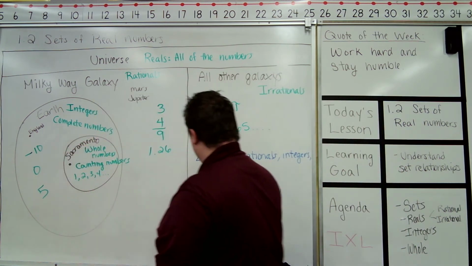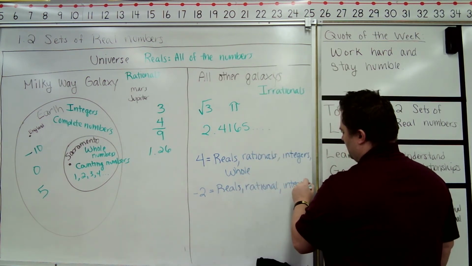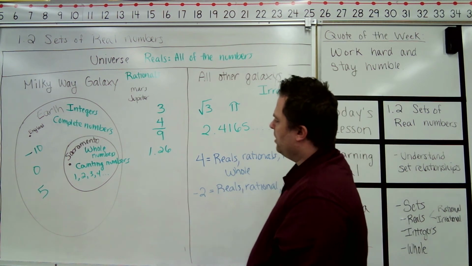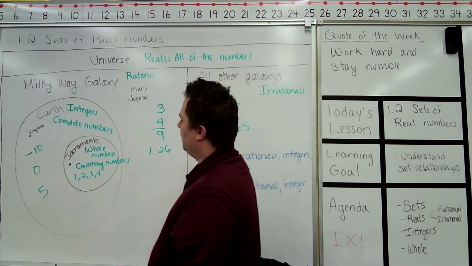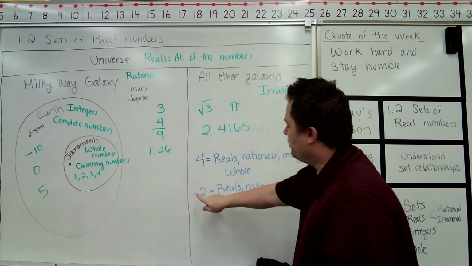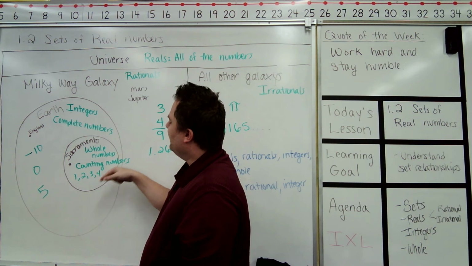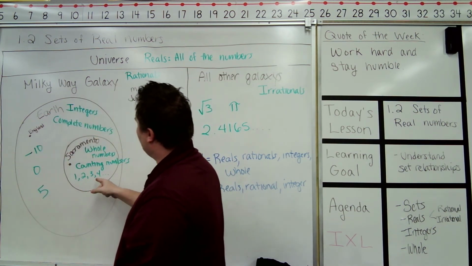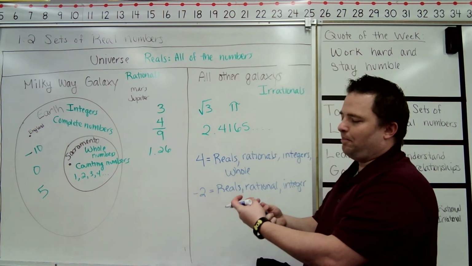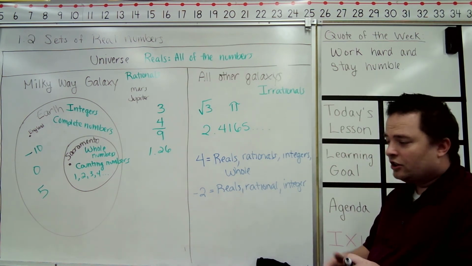Well, sure, it's -2, so we could say that it's an integer. Is it a member of the whole counting numbers, the positive ones? No, -2 is negative. So I have to stop. I can no longer declare that it's inside this bubble because it's on the outside of that bubble. It does not meet the criteria to be part of another set. Does that make sense? So I stop.